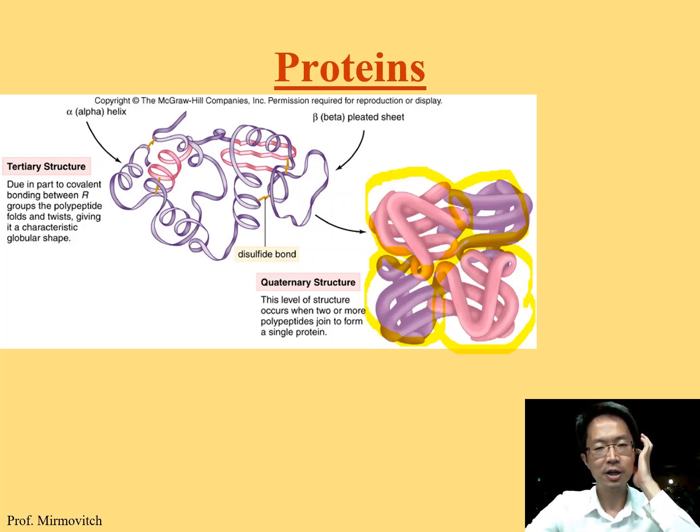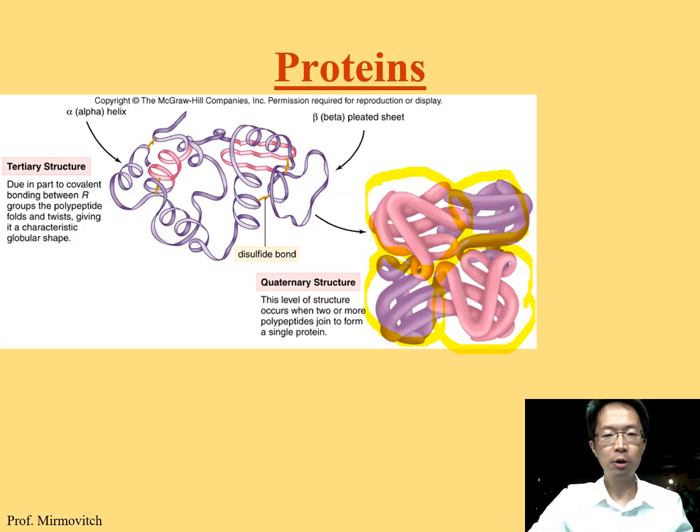Quaternary structure doesn't mean that you must have 4 tertiary structures. If you remember our previous slides, the quaternary structure can have 2 tertiary structures together. As long as you have more than 1 tertiary structure together, then we call this quaternary structure.